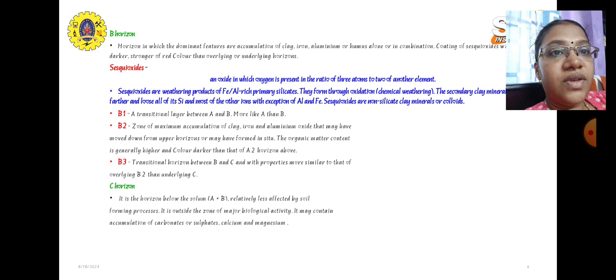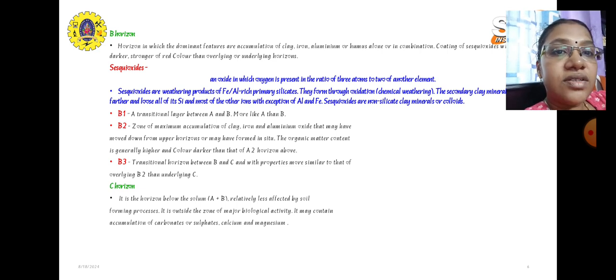So we categorize it into B1, B2 and B3, and B1 is a transitional layer between A and B, more like A or B, and B2 is a zone of maximum accumulation of clay, iron and aluminum oxide that may have moved down from upper horizons or may have formed in situ. And the organic matter content is generally higher and the color darker than that of the A2 horizon above.